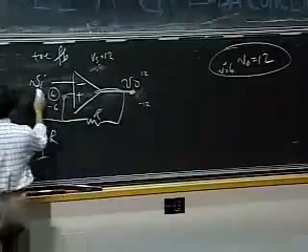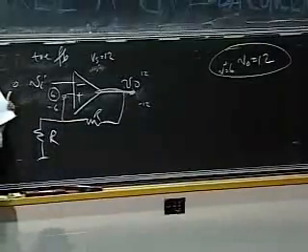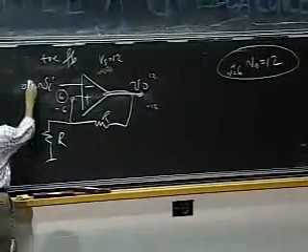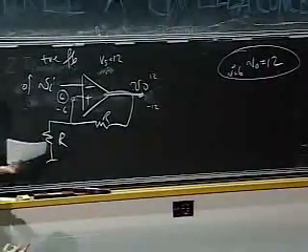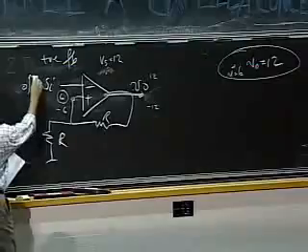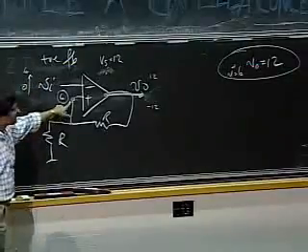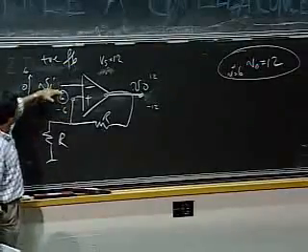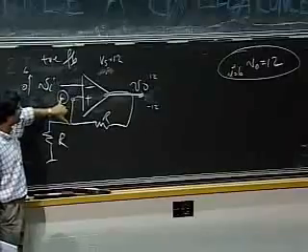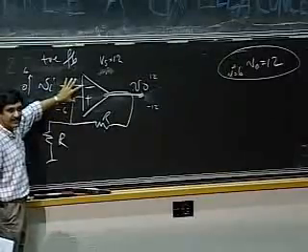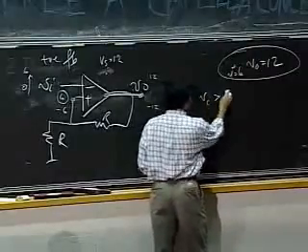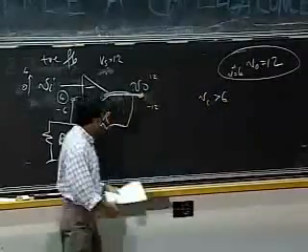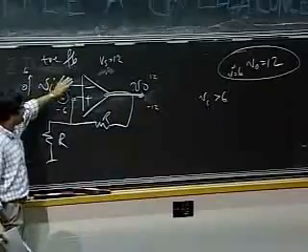Now, this started off being 0. Let's say Vin increases. As Vin begins to increase, what happens? Well, nothing, until Vin reaches 6 volts. Vin has to go up to 6 volts, has to equal this voltage, before I can flip the circuit.